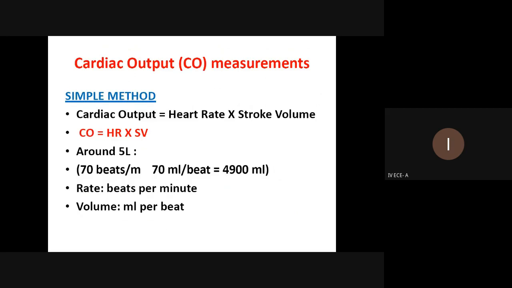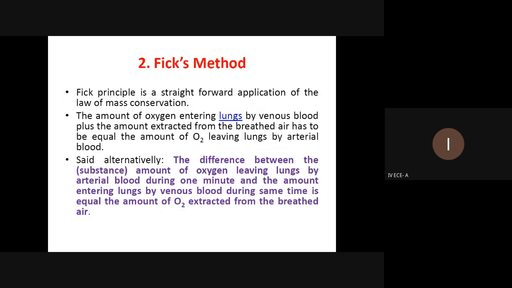We just calculate by touching the person and counting the beats per minute. Then the Fick method. The Fick principle is a straightforward application of the law of mass conservation. The amount of oxygen entering the lungs by venous blood plus the amount extracted from the breathed air has to be equal to the amount of oxygen leaving the lungs by arterial blood.